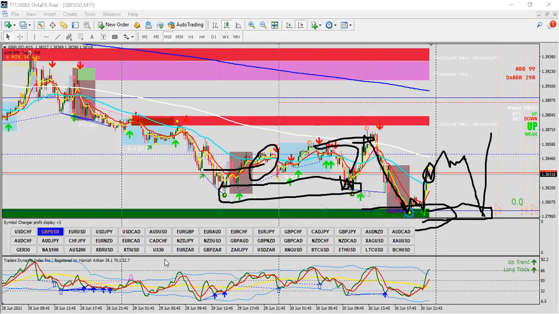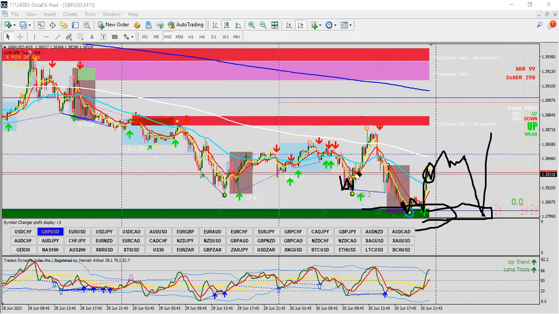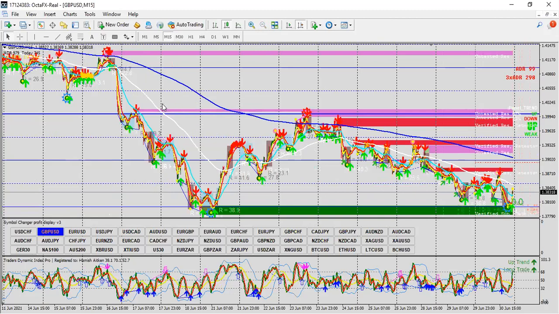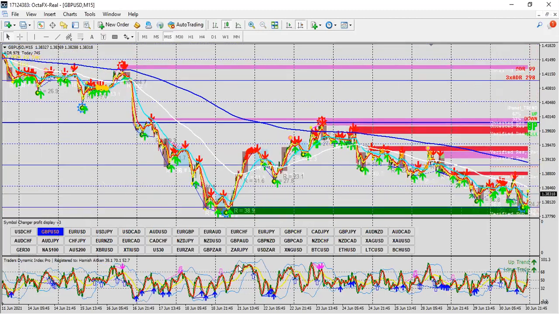We are still under the pullback method of counting the market maker cycle. Now, let's assume this is our peak formation area. Market got here, pulled back to rest. Market got here, pulled back to rest.